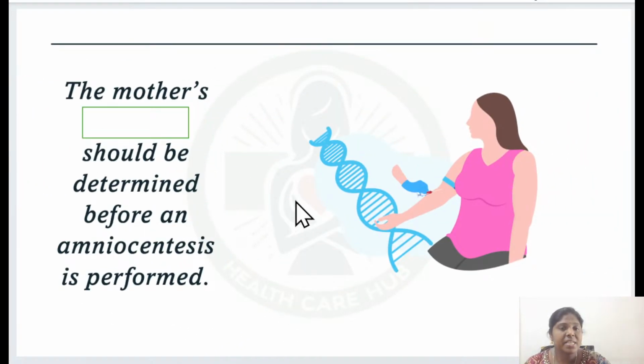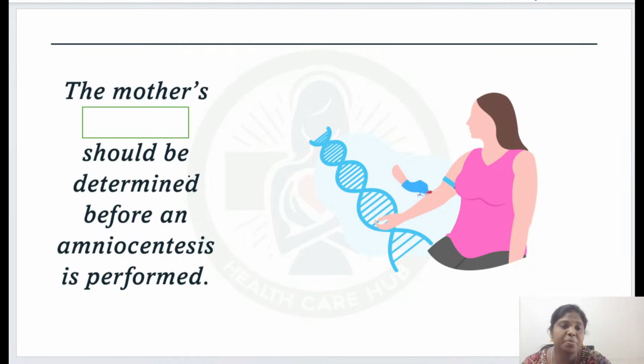Next, the mother's dash should be determined before an amniocentesis is performed. When we are performing amniocentesis, there may be a chance of the maternal blood getting mixed with the fetal blood, right?